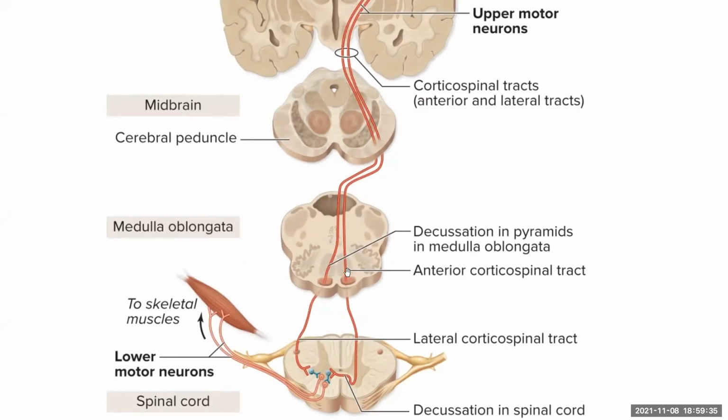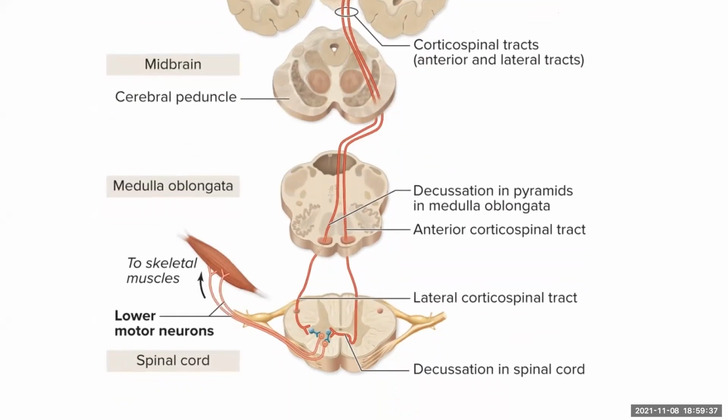It stays ipsilateral for now. So the anterior corticospinal tract descends down to the appropriate level in the spinal cord, and then it will decussate and cross over. And like I said, it will then stimulate an interneuron or the lower motor neuron, and then that lower motor neuron exits out of the spinal cord and goes out to the effector skeletal muscles of the axial muscle group.